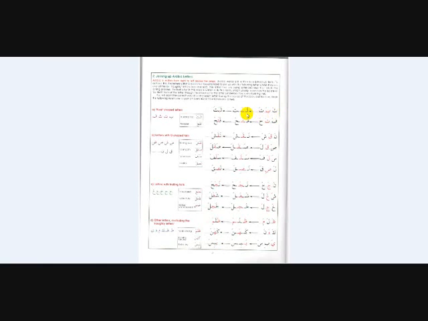When I put them together, the tha loses its tail, the ba loses its tail and connects to the tha, and then it's also connected to the ta. So here I have tha, ba, ta, which means to stand still or to stand firm. That's how you're going to see an Arabic word. And when we discuss the short and long vowels, you will be able to read it perfectly fine.